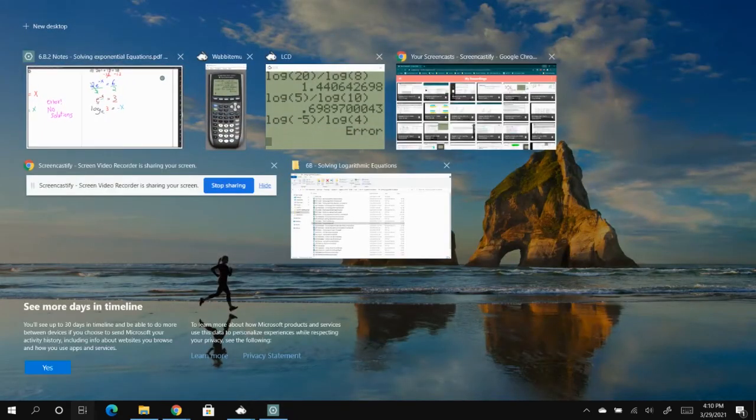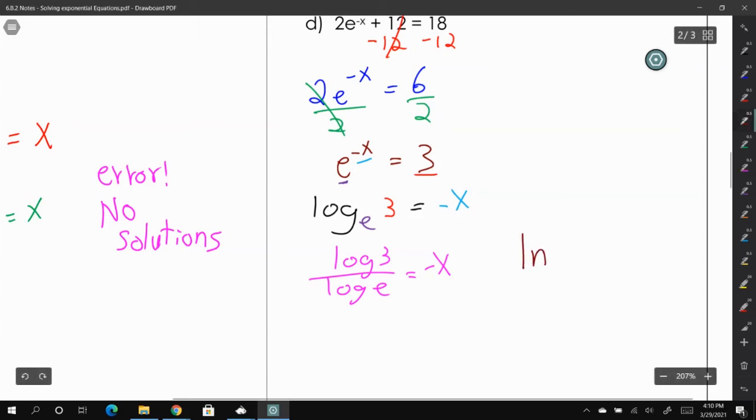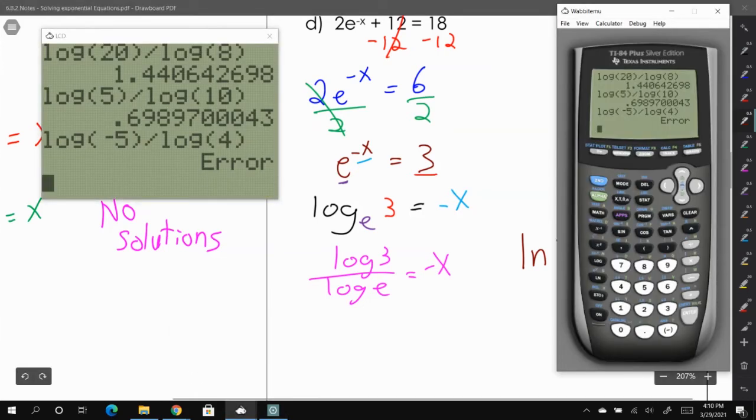You could use a change of base formula and say log 3 over log e equals negative x. Or you could do ln of 3 equals negative x in your calculator. Because we do have an ln button in our calculator, it's right here.